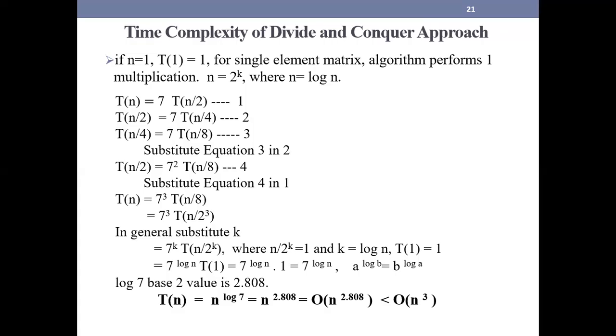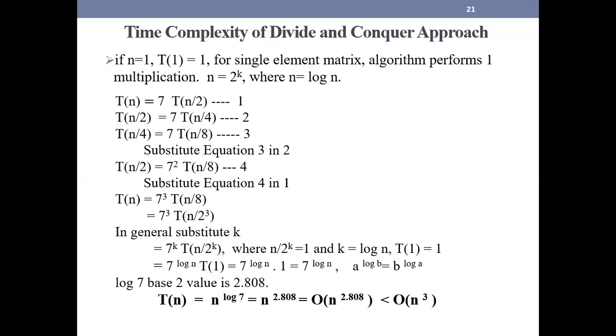So we are converting 7 power log n as n power log 7. n power log 7, that is the value. Log 7 base 2 value is 2.808. So T of n is equal to n power log 7. So order of n power 2.808.